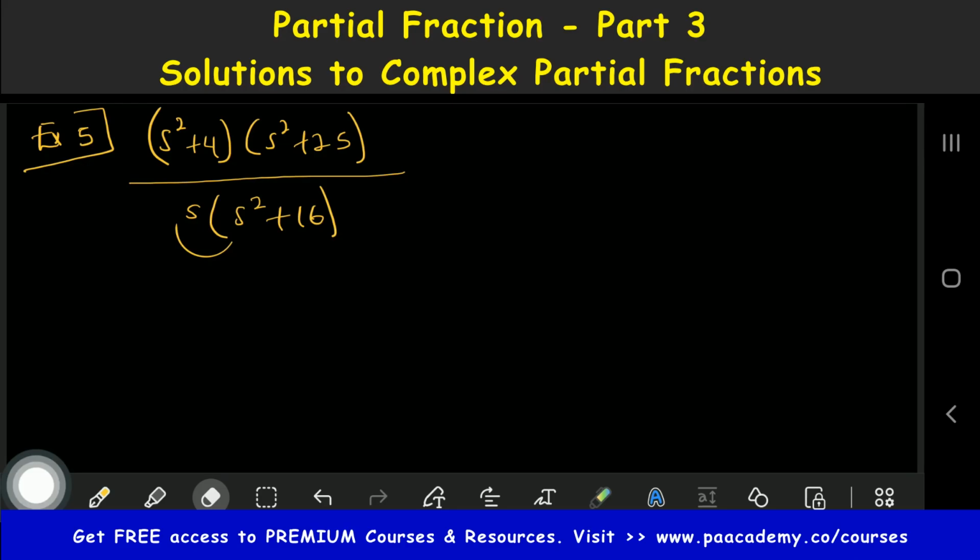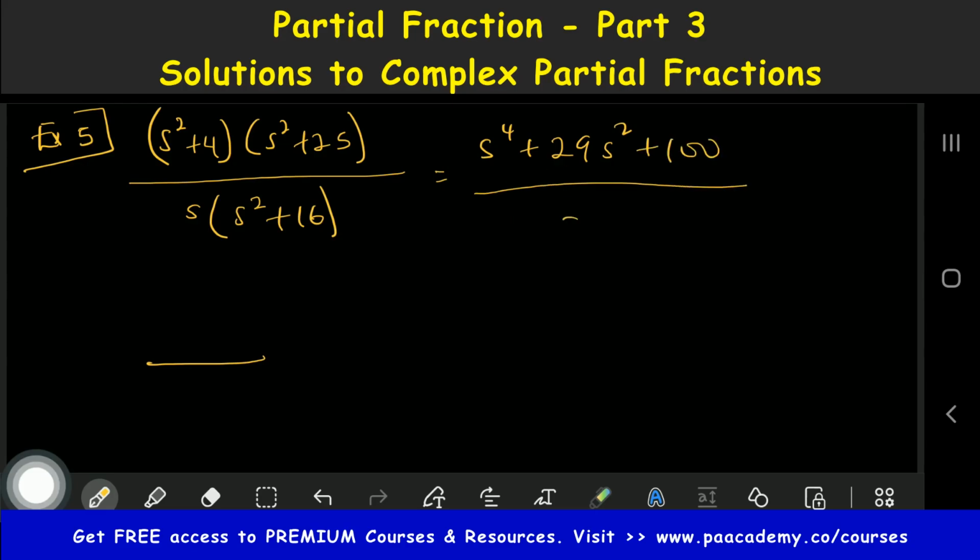So the first thing you're going to make use of is the long division. Let me first of all rewrite. If you open up the brackets, you're going to have s raised to power 4 plus 29s squared plus 100 over s raised to power 3 plus 16s.